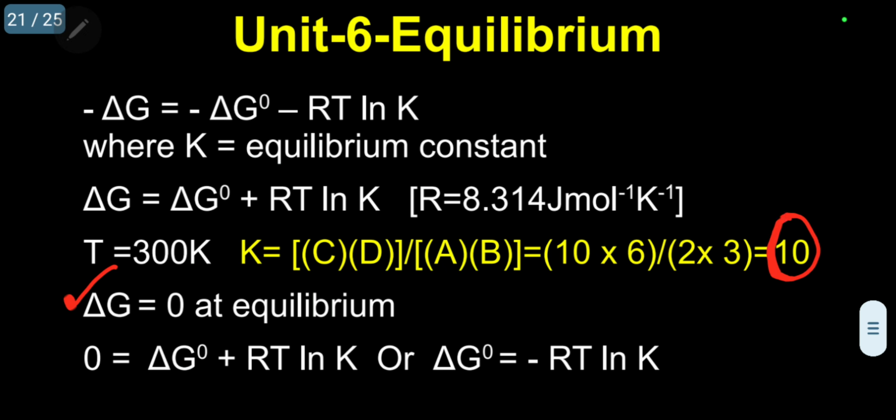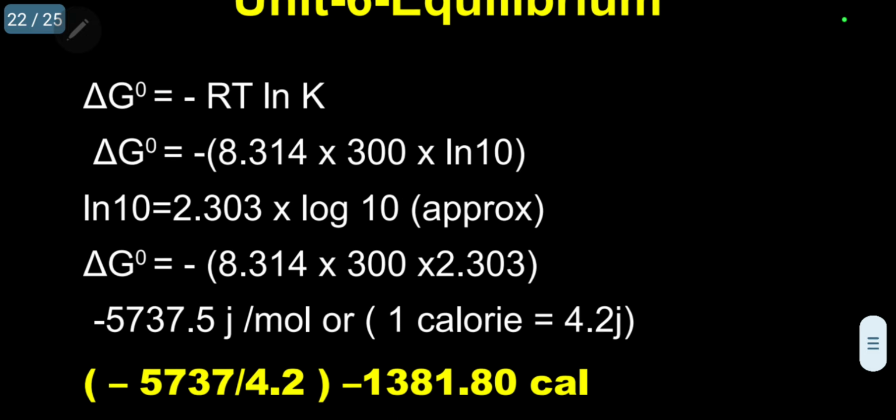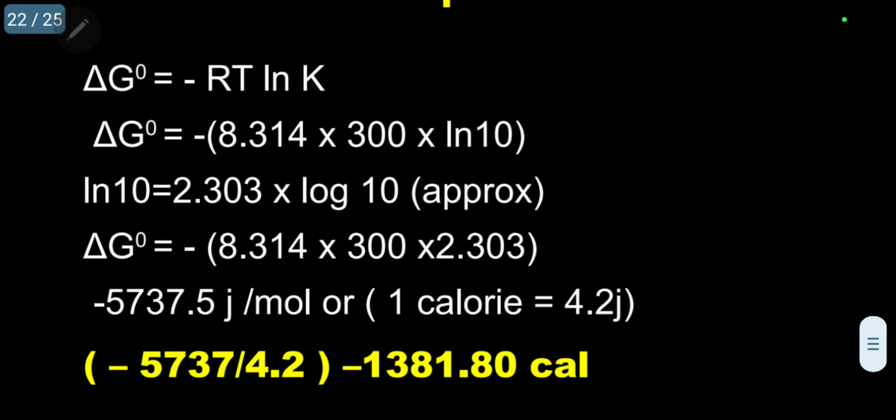So substitute now: delta G0 equal to minus RT ln K. When I want to calculate delta G0, the RT ln K goes to the other side, so it becomes minus. K we have already calculated, so substituting the R value and T value, you can calculate delta G0. So see here, very simple, provided you understand.